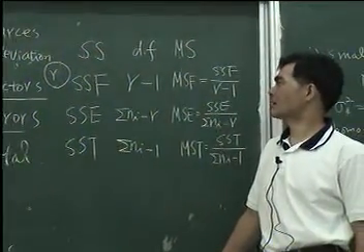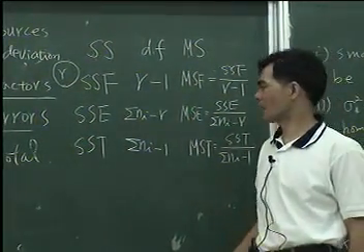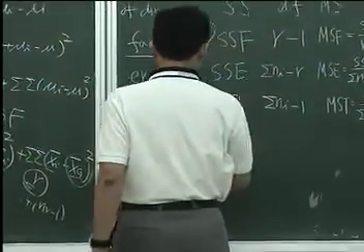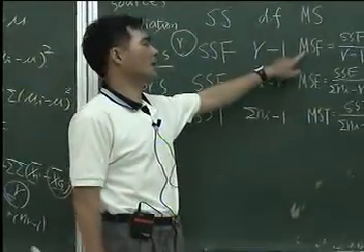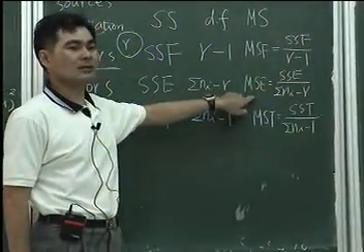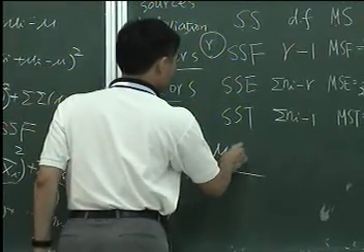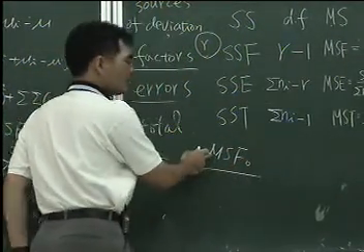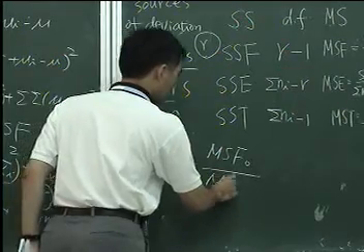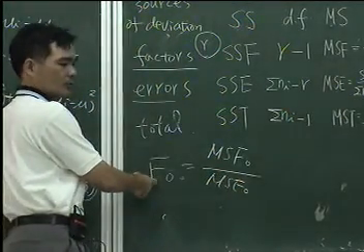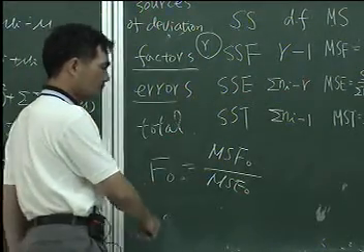But in this case, we have a new distribution. It is F. Of course, from the sample, you can get MSF and MSE, right? And then you get MSF divided by MSE, okay? It is an F distribution.